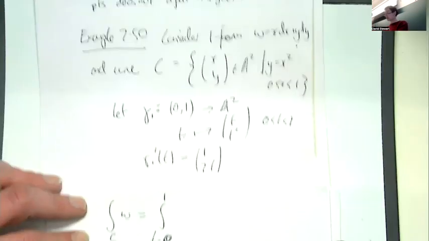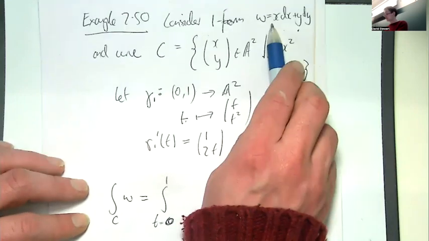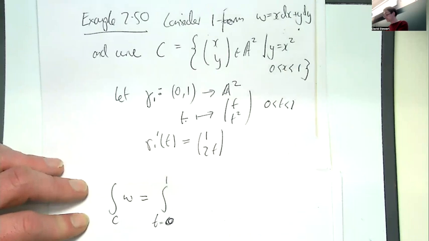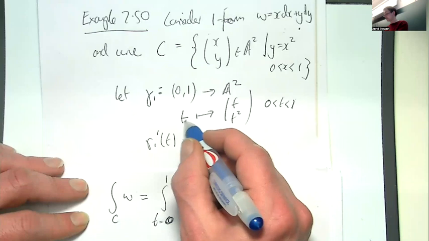Those are these functions coming from the form here, so G1 and G2 applied to the point, which would be gamma of t.